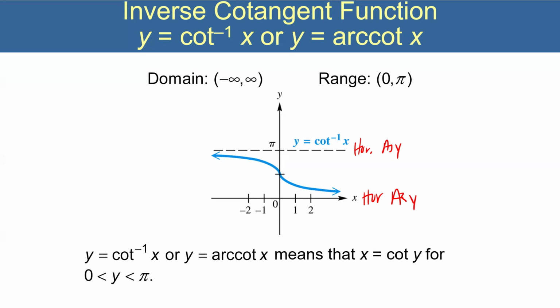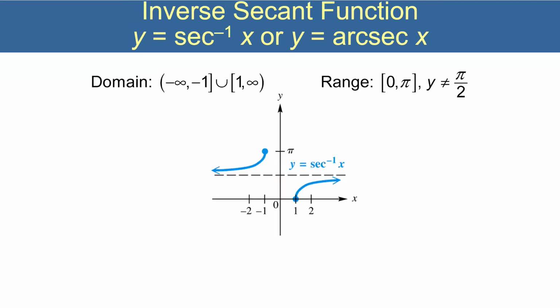Okay, so they're still horizontal asymptotes. If they both go this way, they both are horizontal. All right, secant. Secant's a little funky.